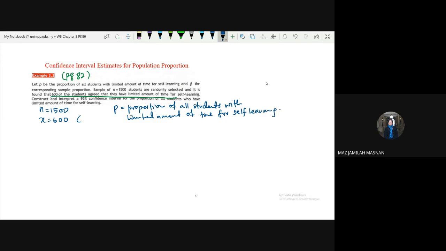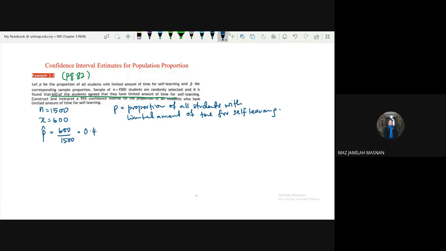So x is referring to the students in the sample who have limited amount of time for self-learning. In this case, you can find your p hat, that will be 600 divided by 1500. So you will get 0.4.